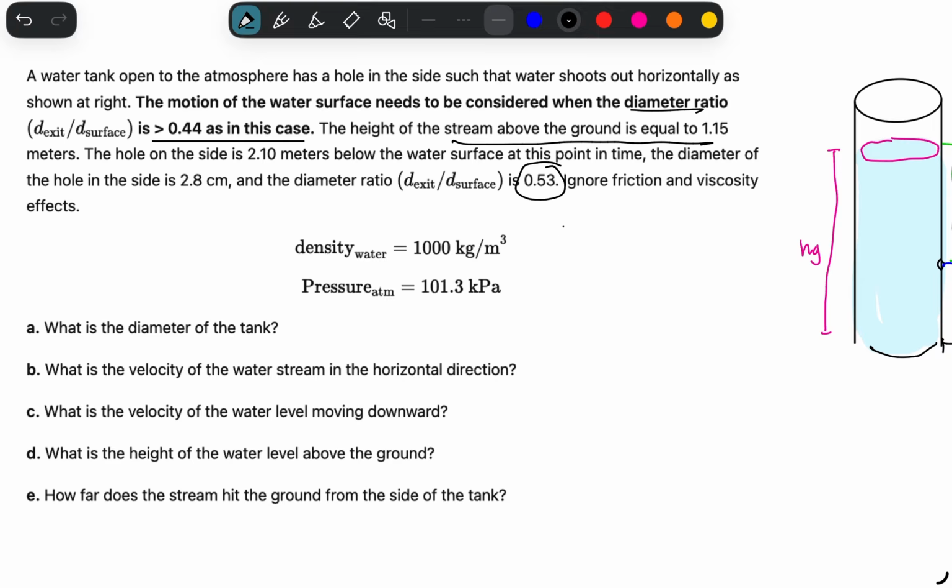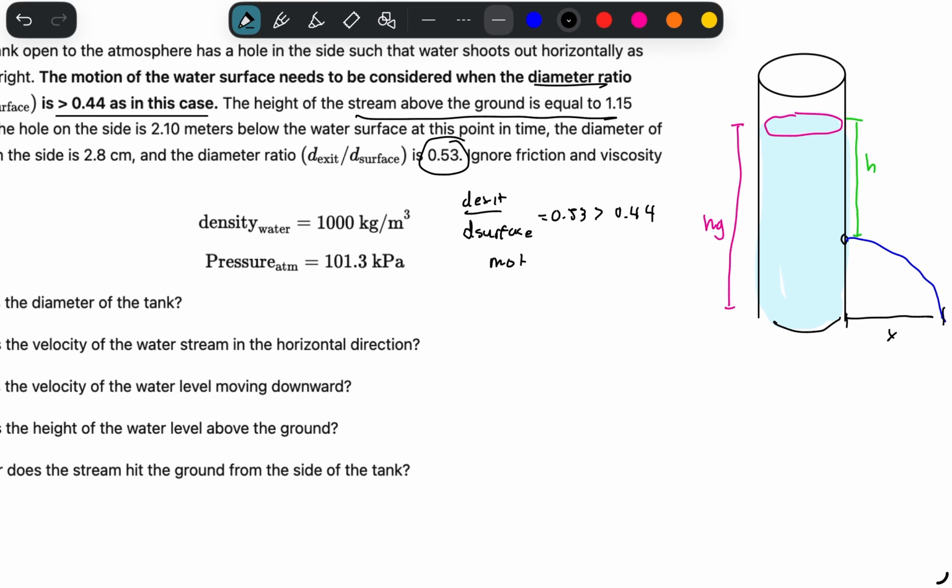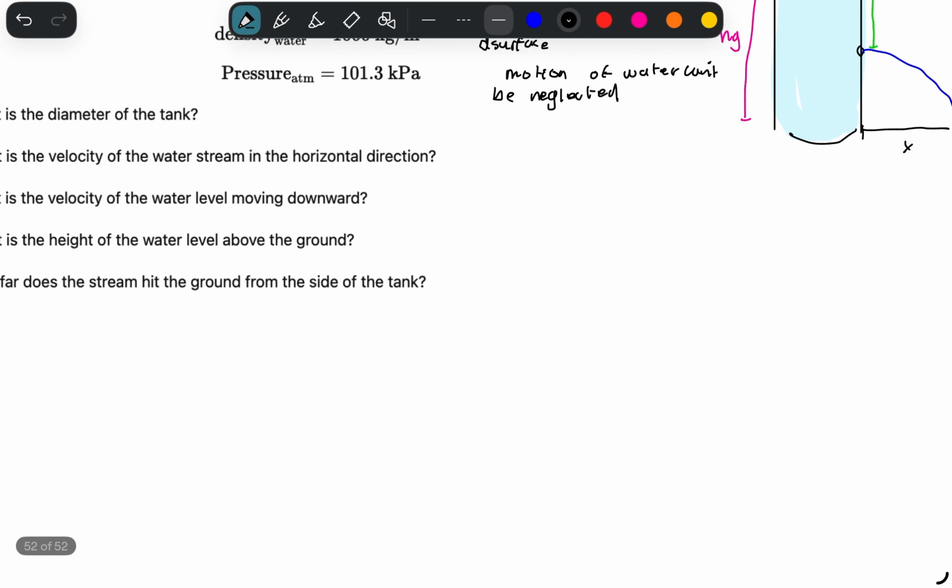So because d exit over d surface is equal to 0.53, and 0.53 is going to be greater than 0.44, that means that motion of the water can't be neglected. So we have to use continuity, Bernoulli, and also projectile motion for this question.